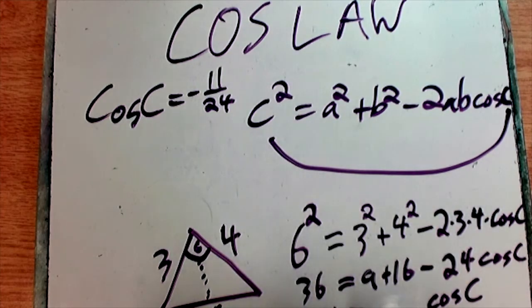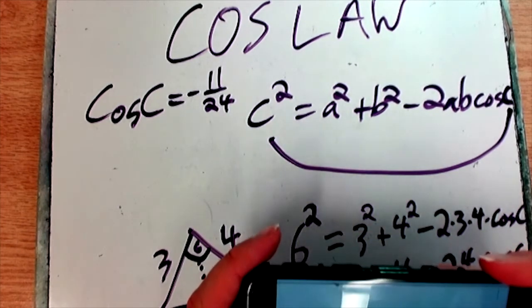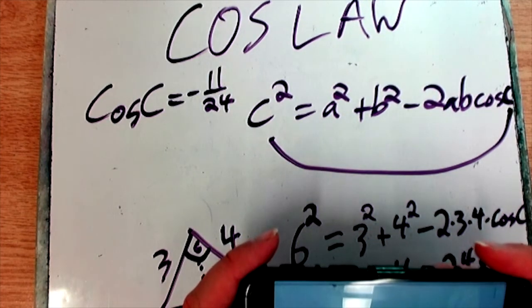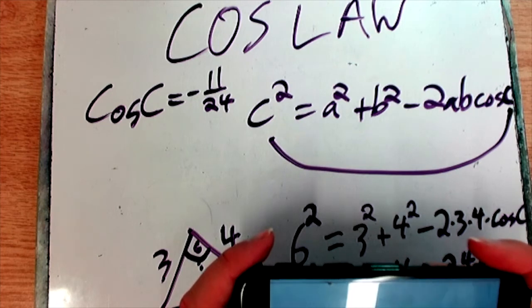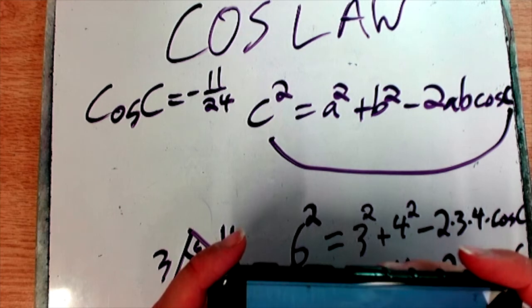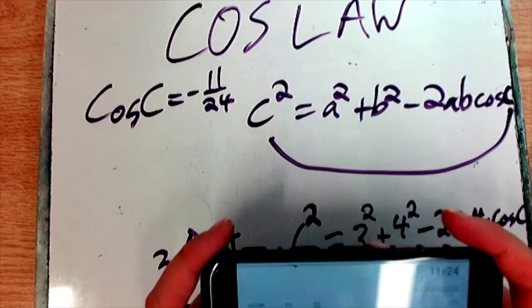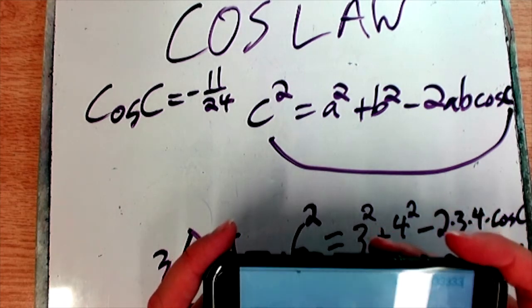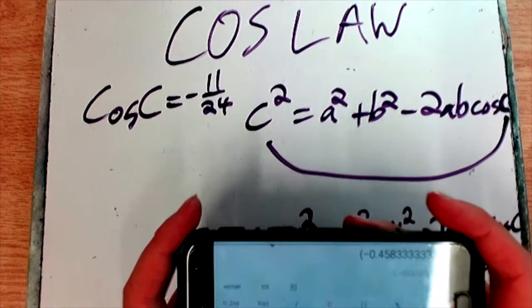So let's do 11 divided by 24. Then I'm going to hit the plus minus button to make sure that's minus.